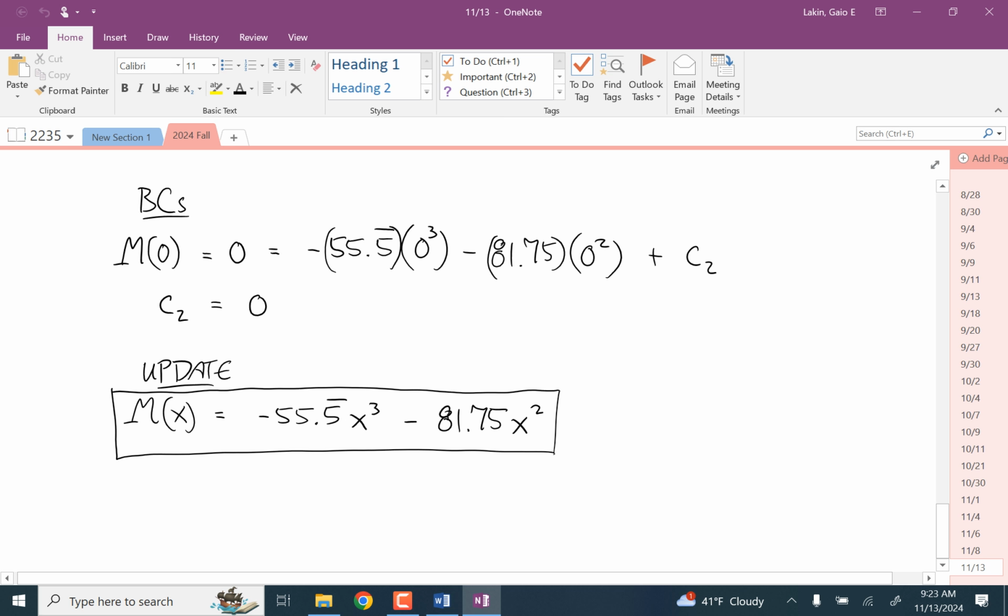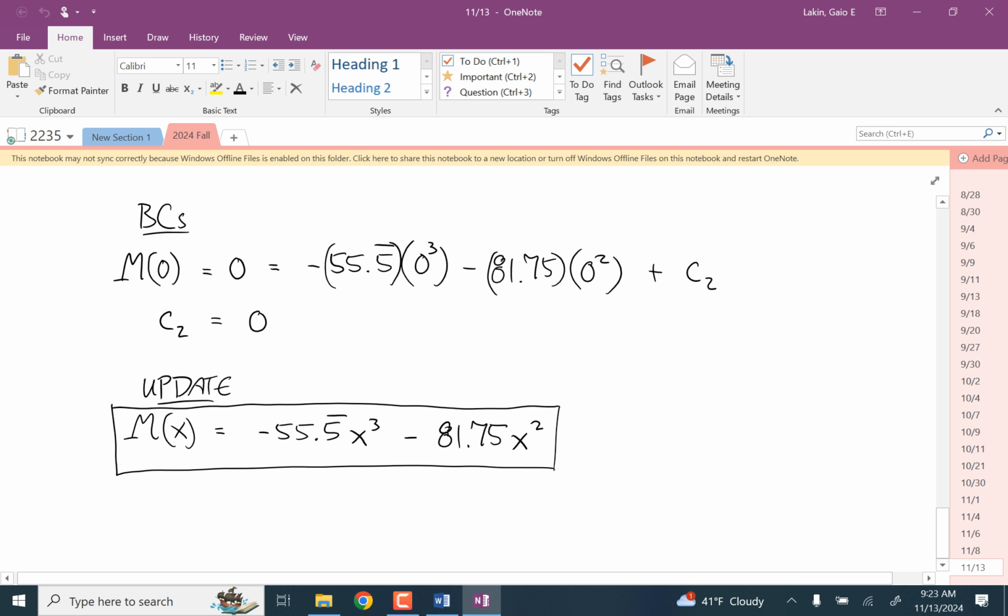Saving 10 minutes or whatever by giving up a way to catch some mistakes never makes sense to me. So that's why I'd say just always do it with Newton's laws and then use this stuff as checks.